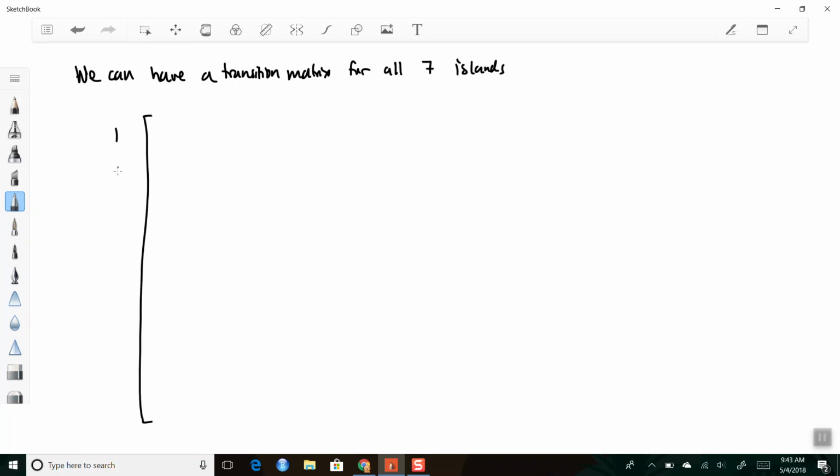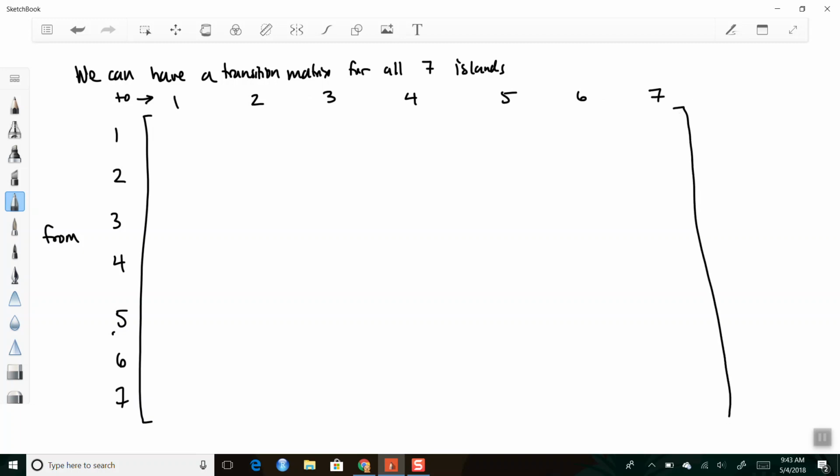So we got from island 1, 2, 3. So this will be our from 4, 5, 6, and 7, and this will be our to island 1, 2, 3, 4, 5, 6, 7. Okay, and so we said if we're at island 4, there's no possibility, right?